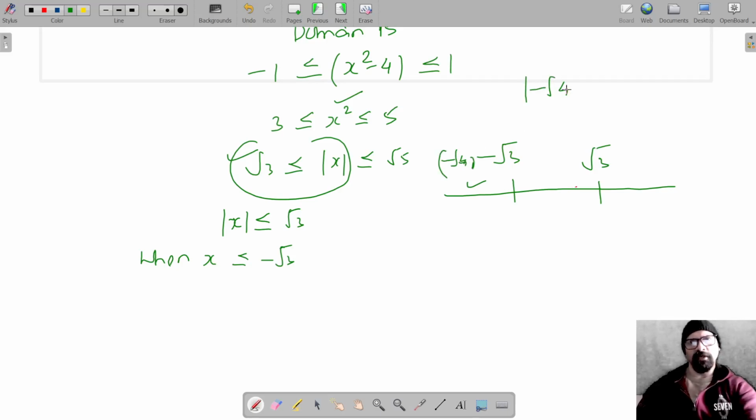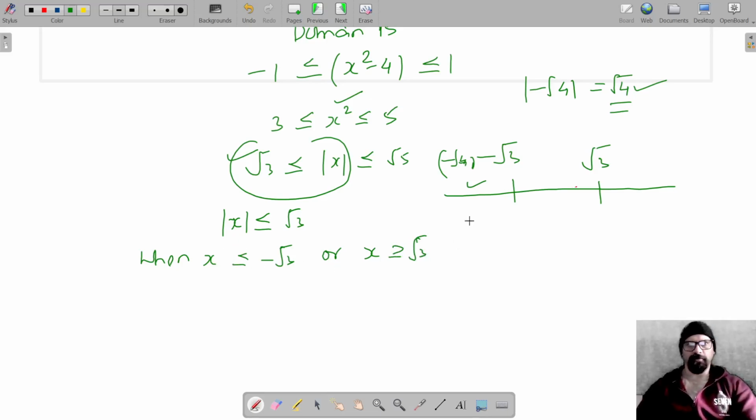So modulus of -4 is equal to root 4, which is the positive value. So for modulus of x greater than or equal to root 3, x is less than or equal to negative root 3, or x is greater than or equal to root 3.